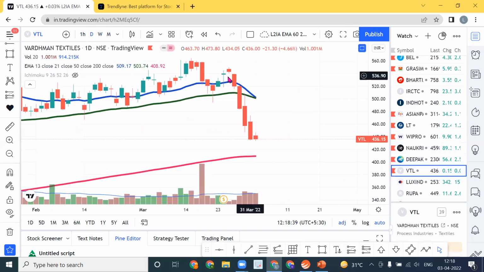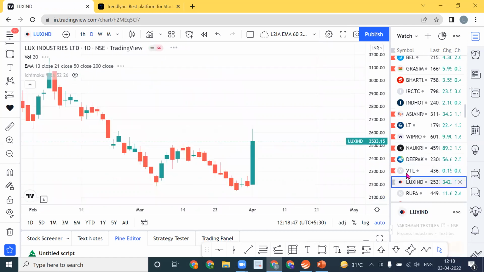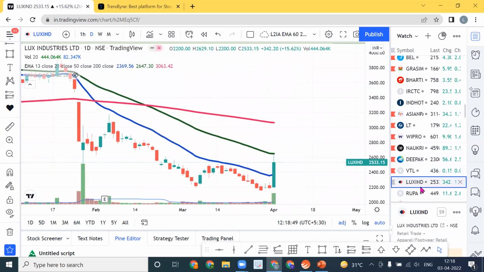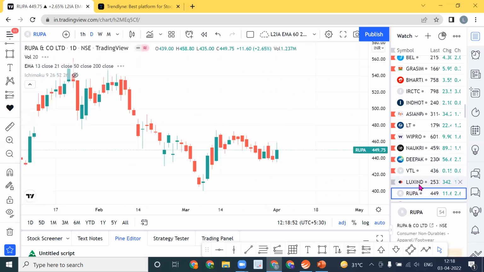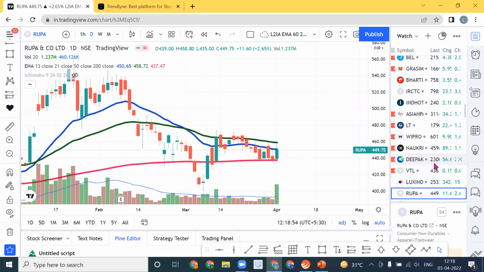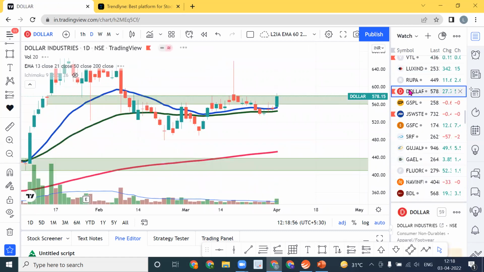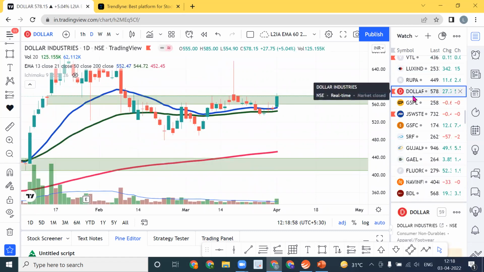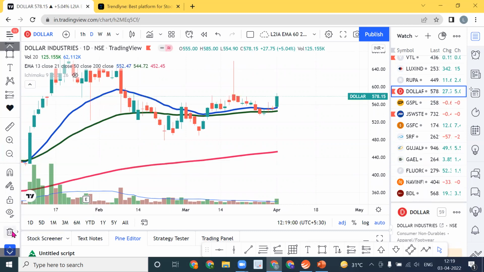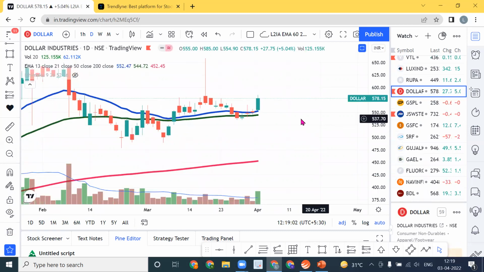Vardhaman Textiles. Okay, the big fall which has happened. Wait for it because something is wrong. Lux Industries negative. Rupa not so good. Dollar is good. Okay, so Dollar Industries looks good. It is a stock which is doing well also. So drop, then 3 base candles and a rally.